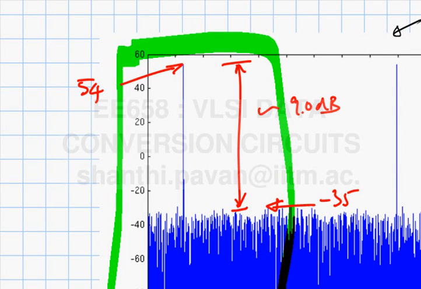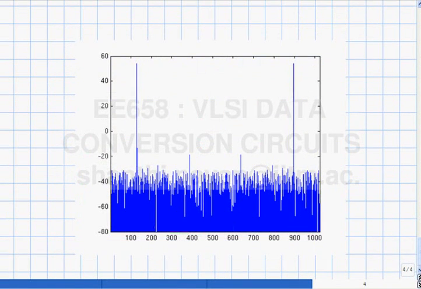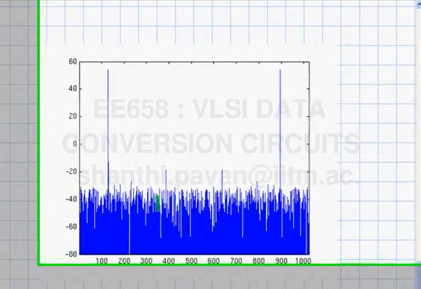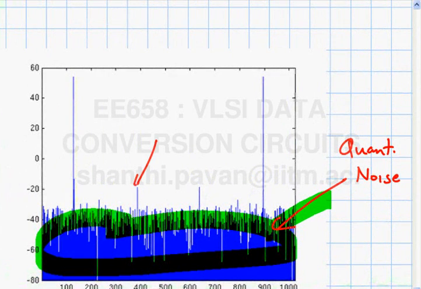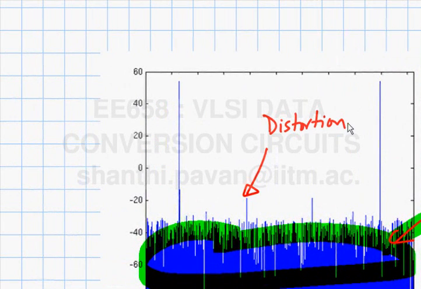In practice, there will be non-idealities. For example, the sample and hold might be distorting, in which case you will see all this is quantization noise and this is distortion. In this example, the sample and hold transfer characteristic y is not equal to x, but x minus some 0.001 x cube.